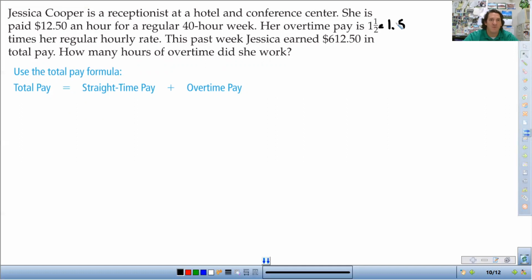How many hours of overtime did she work? We want to know how many overtime hours, so we're going to make an equation. Her total pay was $612.50. Her straight time pay is her hourly rate times how many hours she works, so $12.50 times 40.